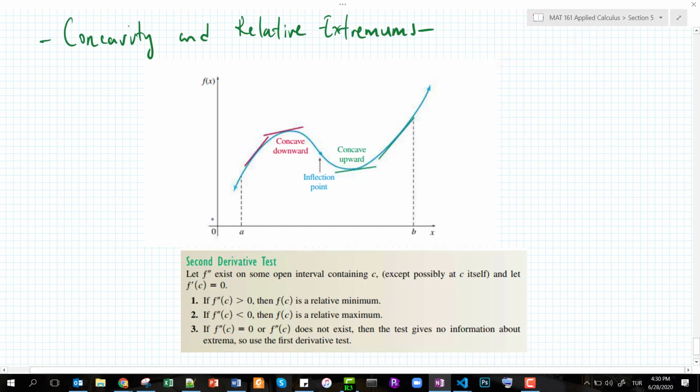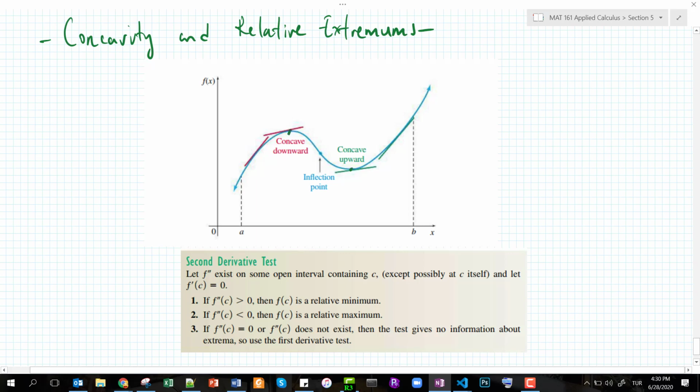Finally, it is time to talk about the concavity and the relative extremum relationship, guys. As you see, from this graph we just used before, when you look at the concave downward or the concave upward shapes on different regions, we have also the minimum and the maximum points.